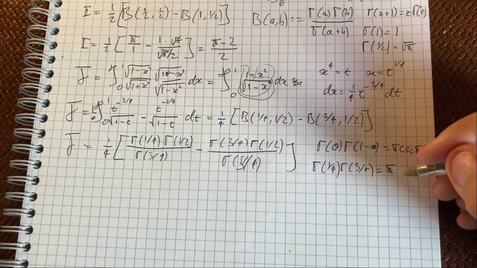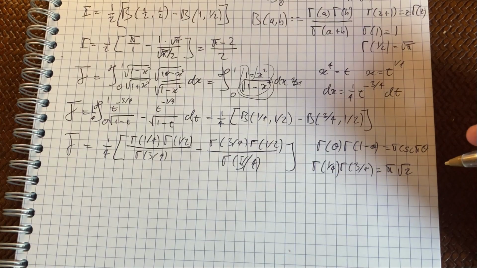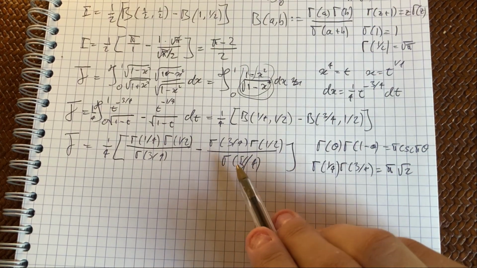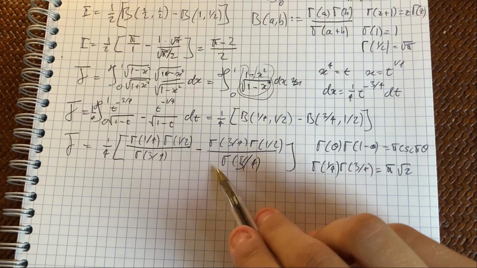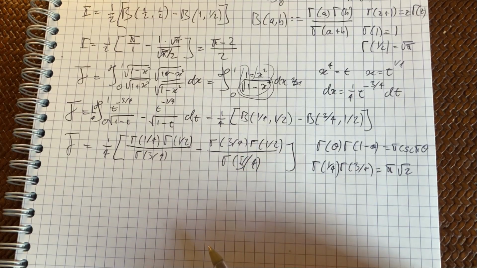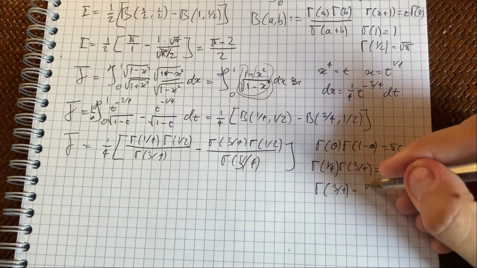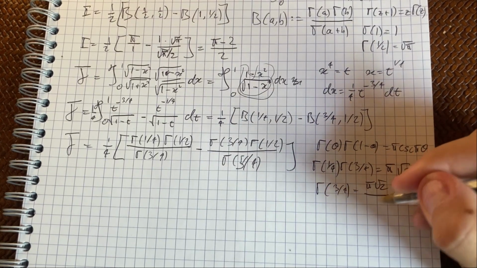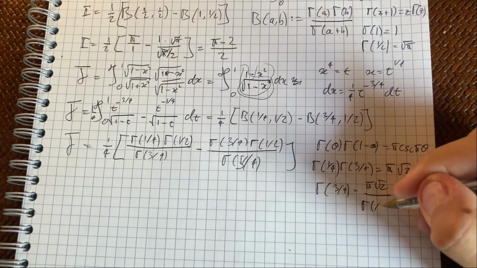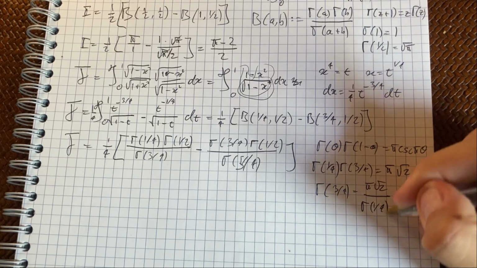So here we have pi square root 2. Here we have gamma 5 by 4, which is nothing but 1/4 times gamma 1/4. Here we have gamma 3/4 being equal to pi square root 2 by gamma 1/4.